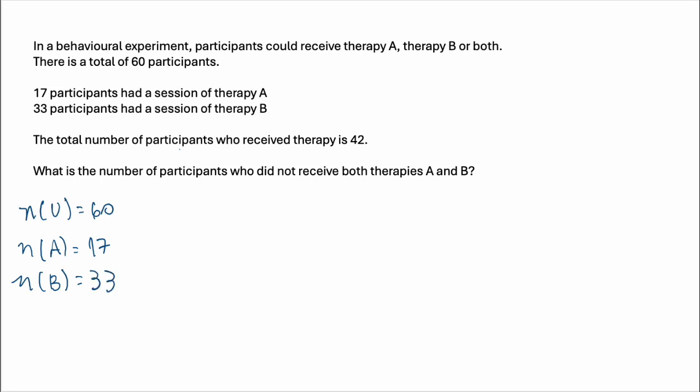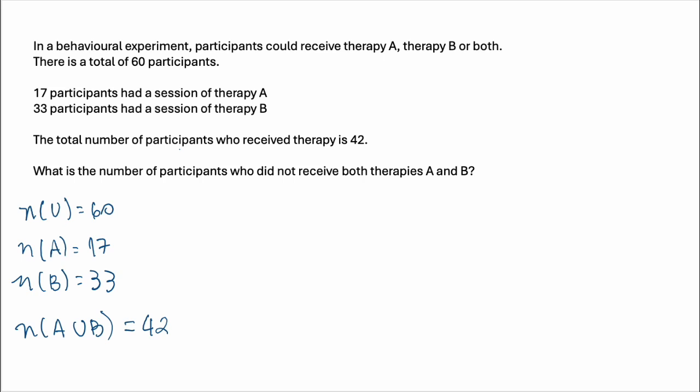And the other thing that they said is that the total number of participants who received therapy, so people that received either A or B, take it all, that's 42. Okay? All right. And the question is, what is the number of participants who did not receive both therapies A and B?